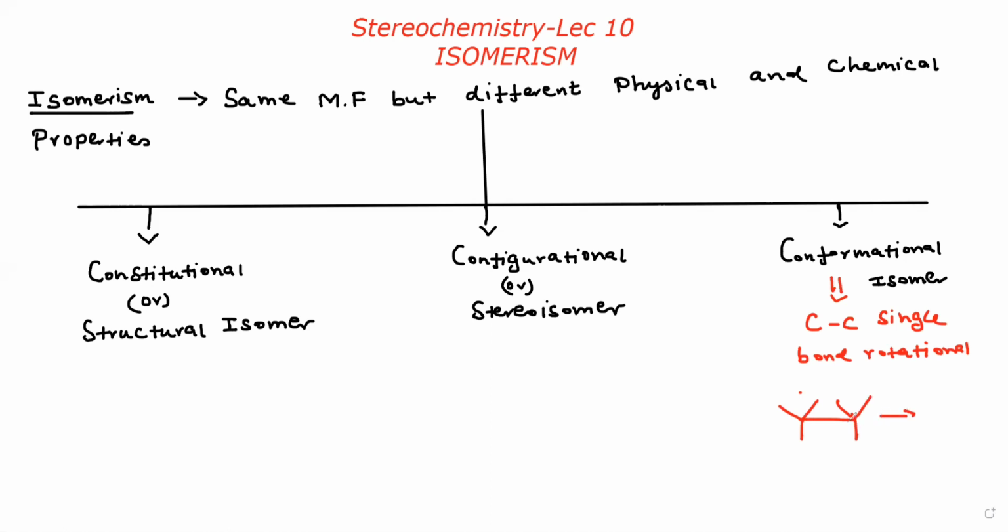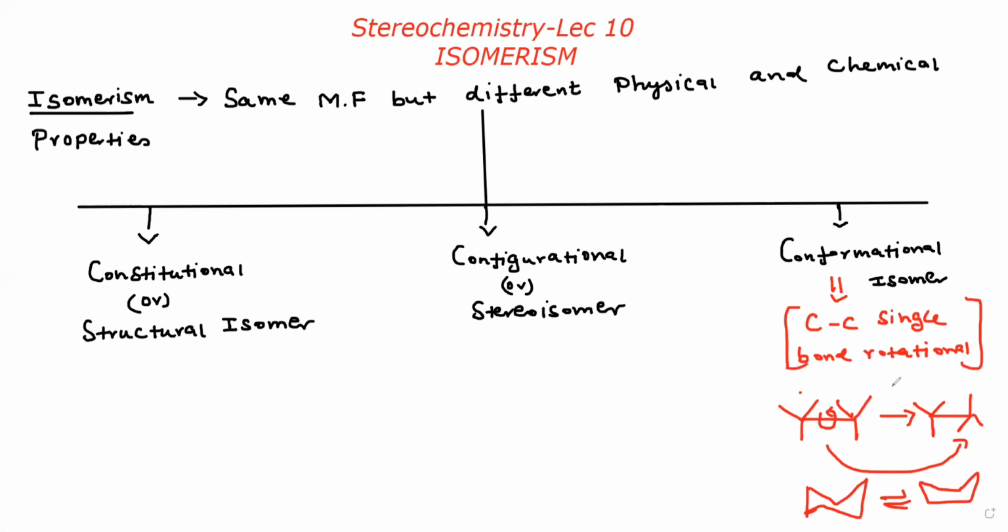How do I convert it to the staggered form? I fix this one and rotate the molecule, and I get this. The best example is the chair form of cyclohexane converting to the boat form. This is conformational isomerism: the carbon single bond rotation.